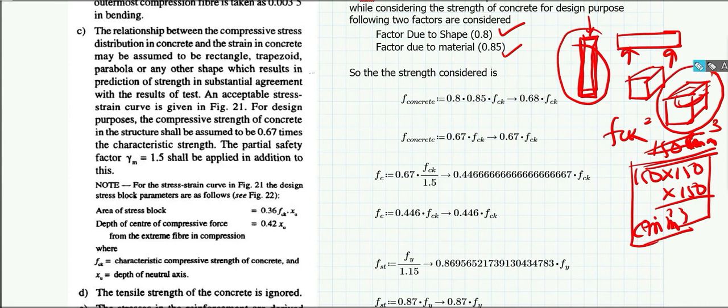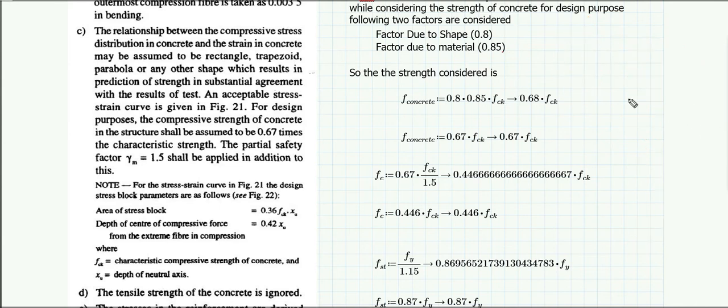And experimentally it has been found that there is a difference of strength when you consider the shape. Suppose with the same concrete you make a cube and you make a cylinder. The strength you get for the cylinder and for the cube is not the same.